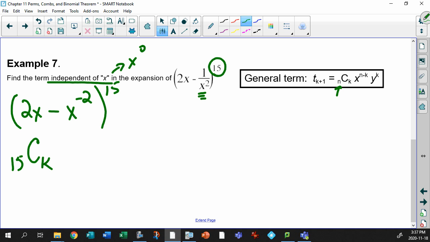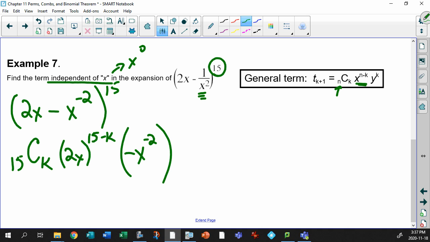So we got 15 choose k. Your x is going to be, of course, 2x to the power of n minus k. So this is going to be 15 minus k. Your y here is going to be minus x to the minus 2 to the power of k.